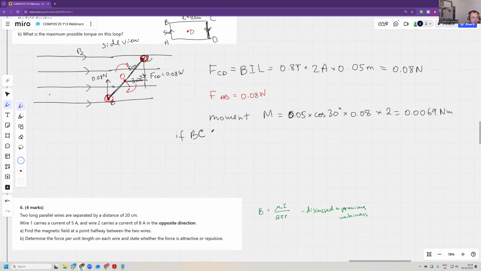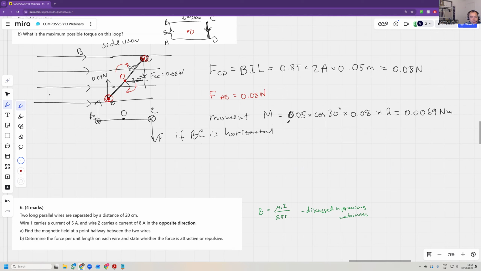If BC is horizontal, then when O is here, this is C, and this is B. Now, the force is downwards and force is upwards.